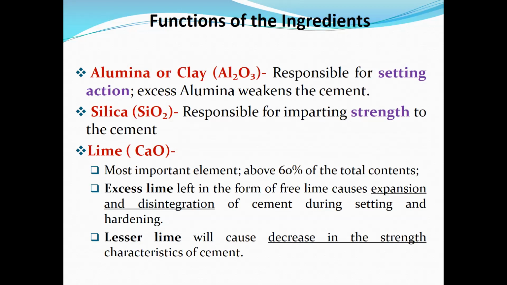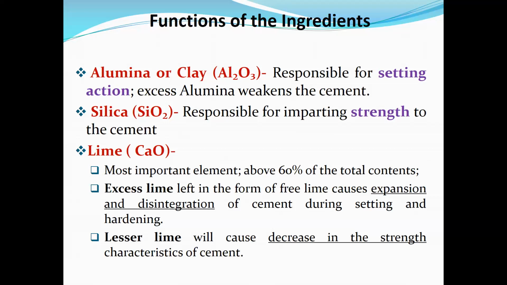We talked about lime, calcium oxide. This is the most important element because it makes almost 60% of the total contents. If an excess amount of lime is used in the cement, some of it remains as free lime.